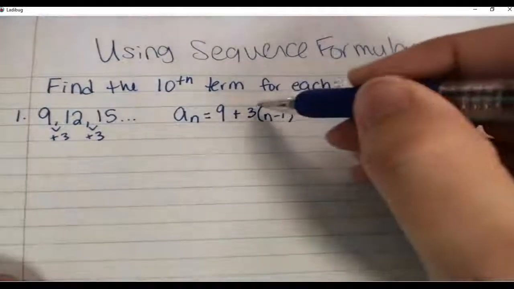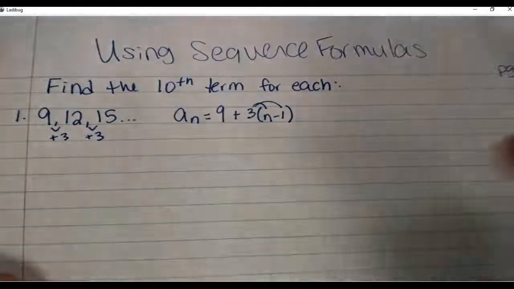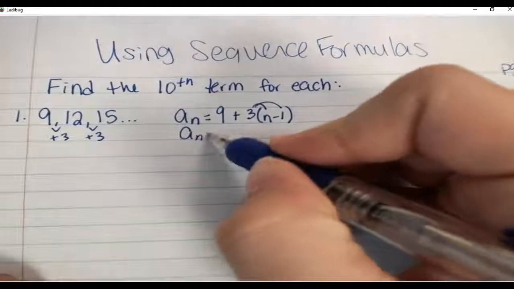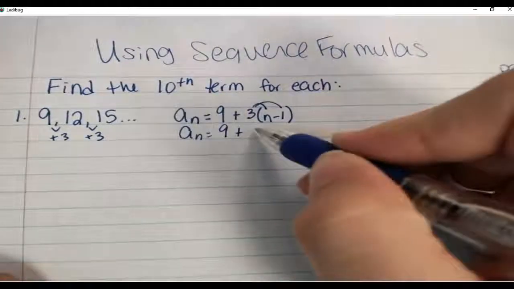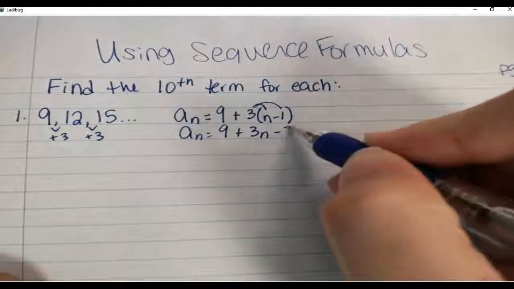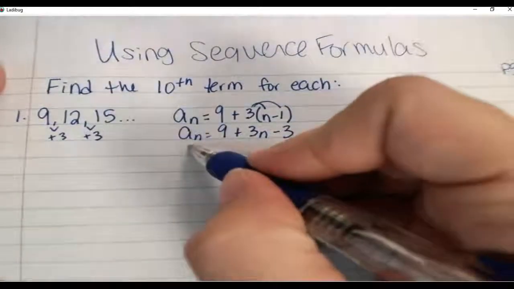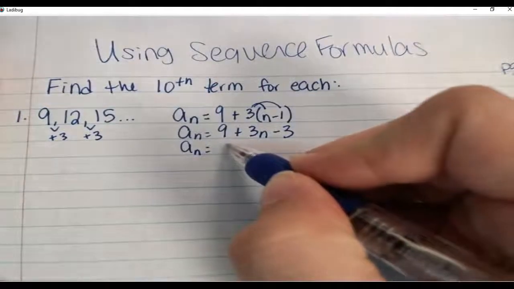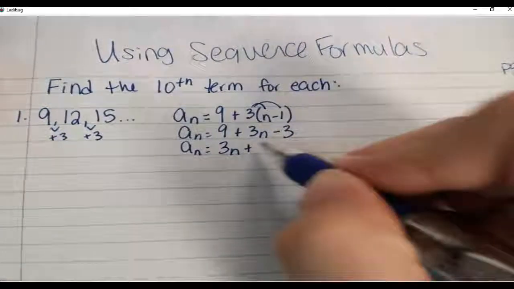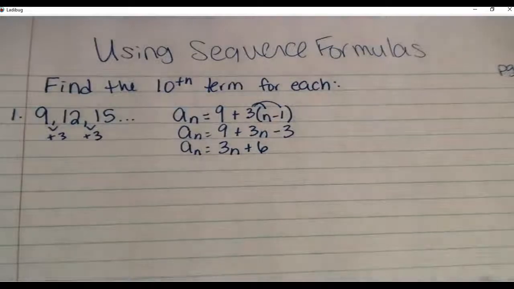And so then we can simplify it. If we distribute the 3, we get a_n equals 9 plus 3n minus 3. So then we get a_n equals 3n plus 6.